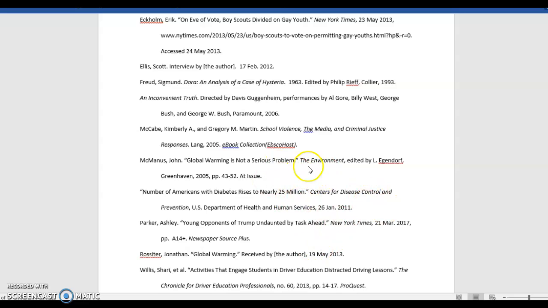And then again, we have an editor, edited by L. Lingendorf, comma, publisher, Greenhaven, year of publication. Then we put the page numbers that this particular article shows up in inside of the anthology. PP stands for multiple pages, 43 to 52, period. And then we have At Issue, which is a series, a book in a series.